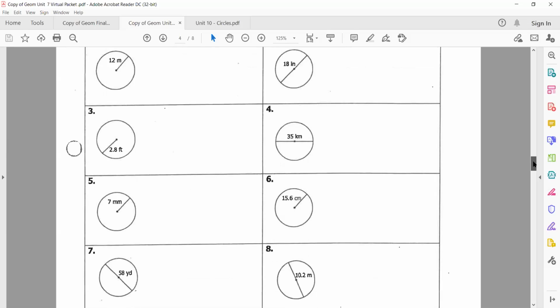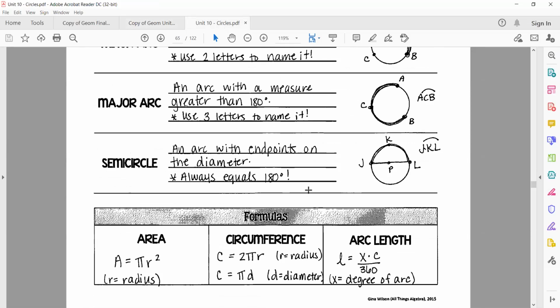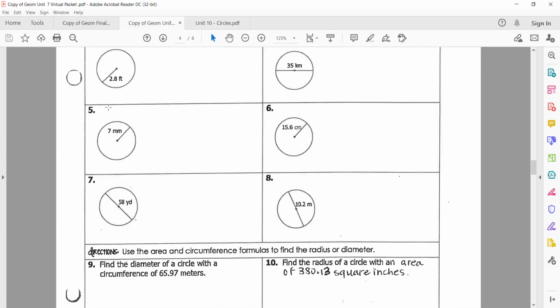Same kind of thing is going to apply when you're doing these 5, 6, 7, and 8 problems. Because remember, what's our equation? 2 pi r, or pi times the diameter. Okay. 5 and 6, we got the radius.